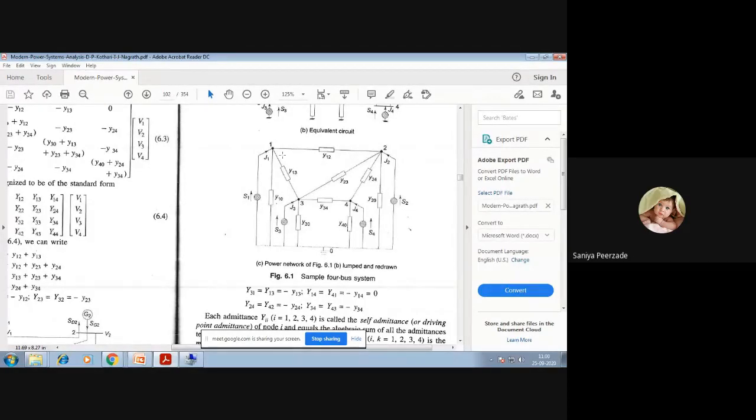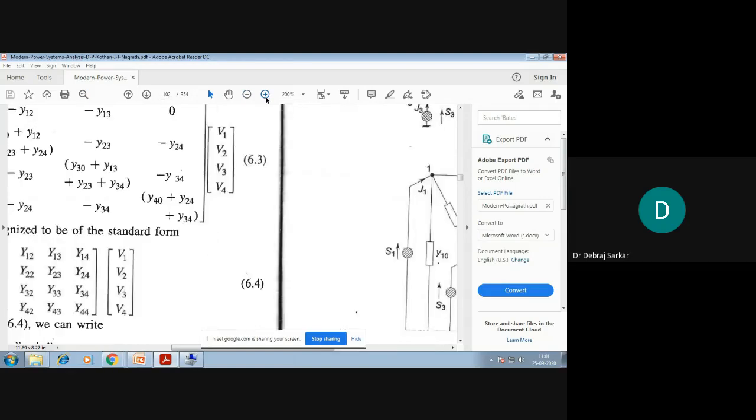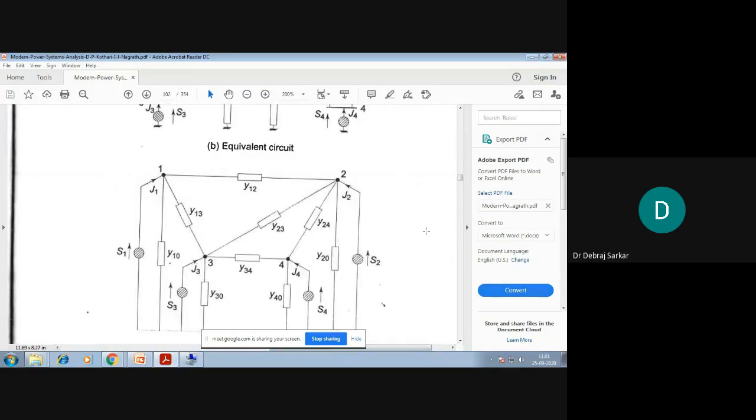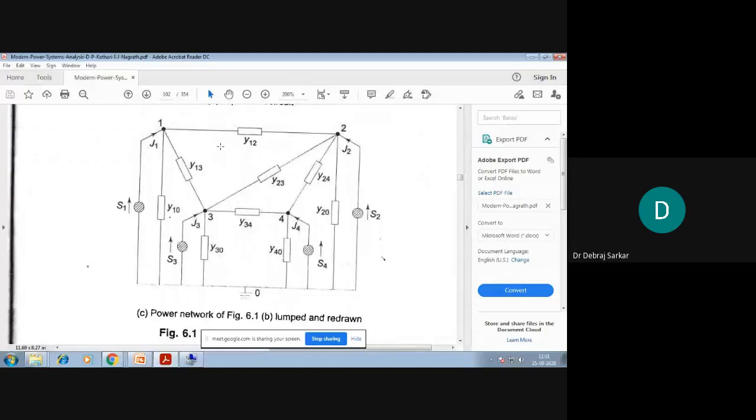Yes, sir. So I have told you that this circuit can be solved. Forget that this is the power system circuit. This is just a circuit which I have provided, and what are these boxes here? I'll zoom it a bit for you to visualize it properly. These boxes are admittances.